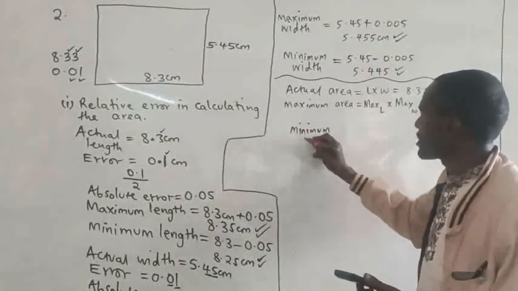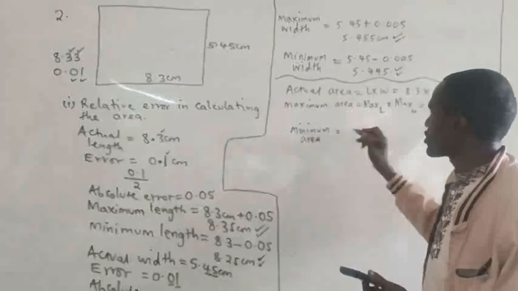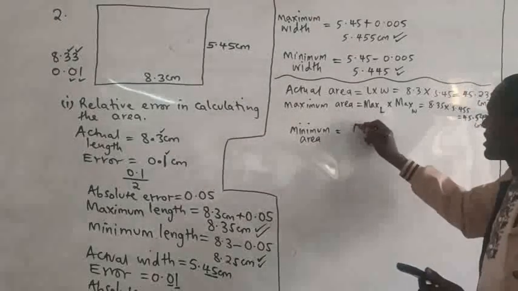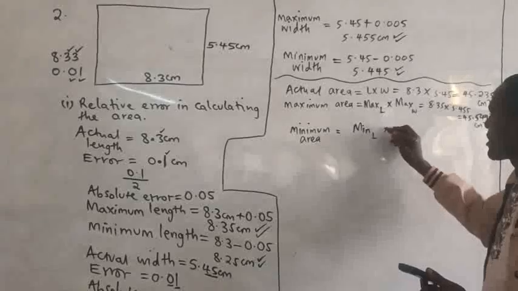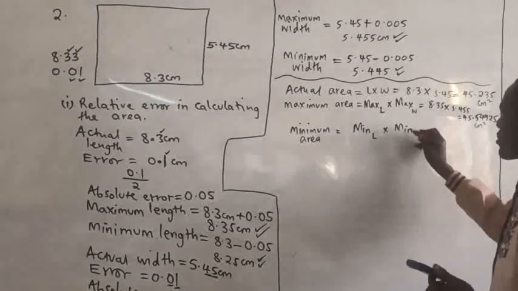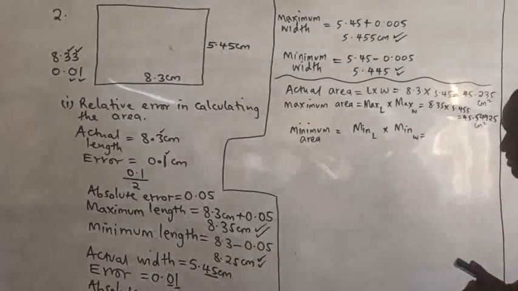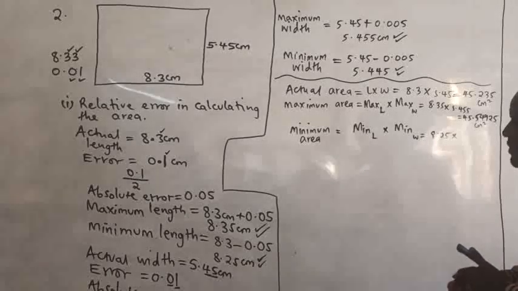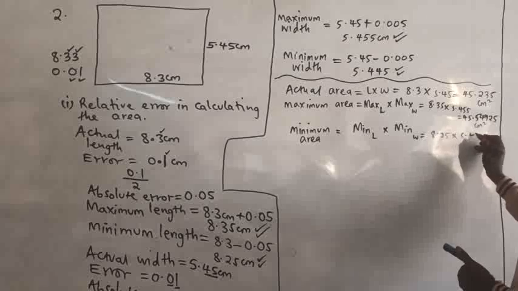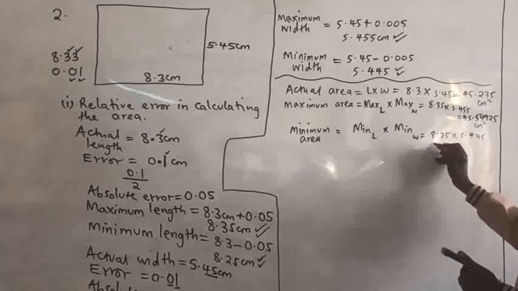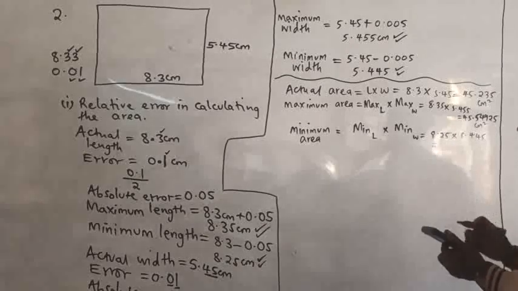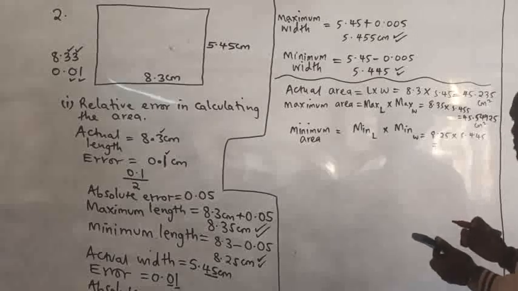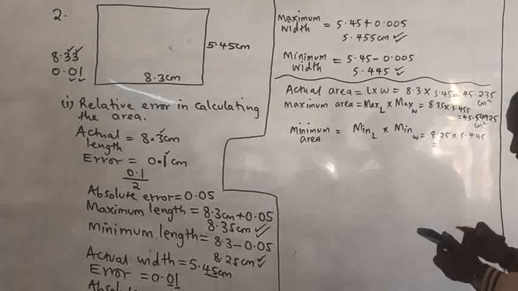And lastly, we are going to call the minimum area. The minimum area should be equal to the minimum length multiplied by the minimum width. Our minimum length is 8.25 multiplied by our minimum width, 5.445.